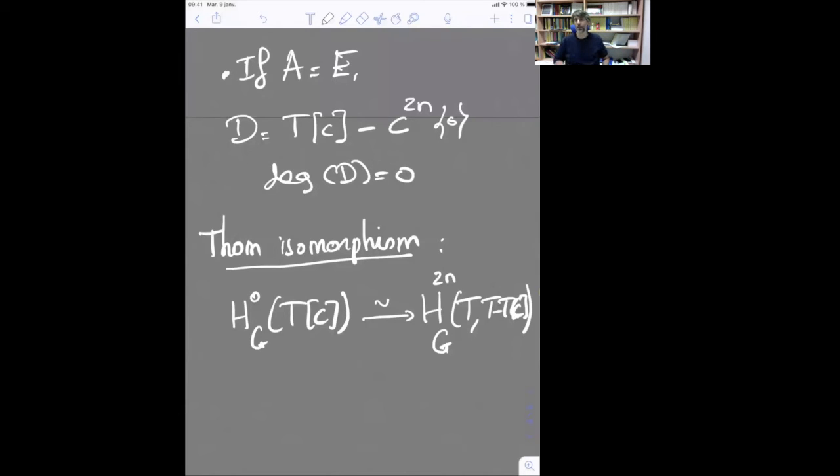This is precisely what the Thom isomorphism says in that situation. We have a T bundle and we erase finitely many torsion sections. And now we can consider again the long exact sequence.